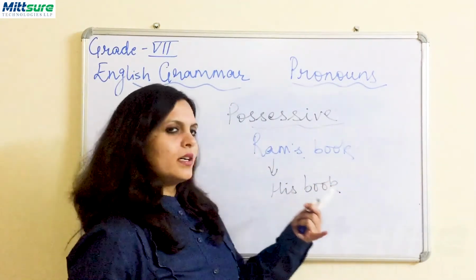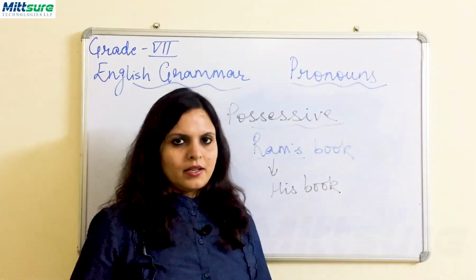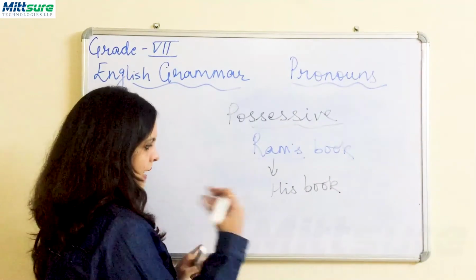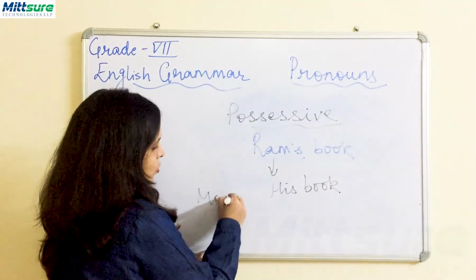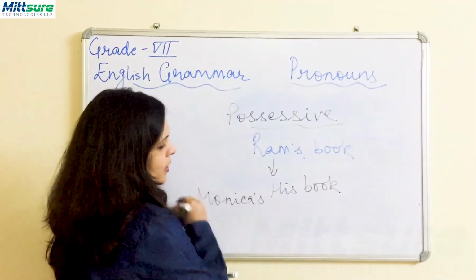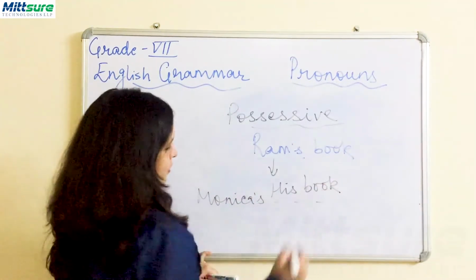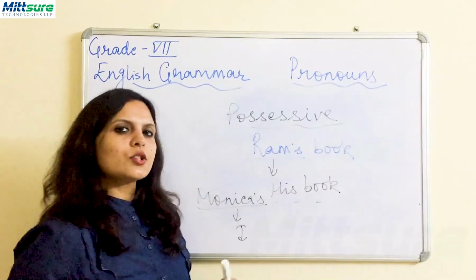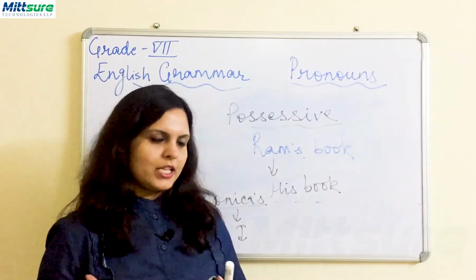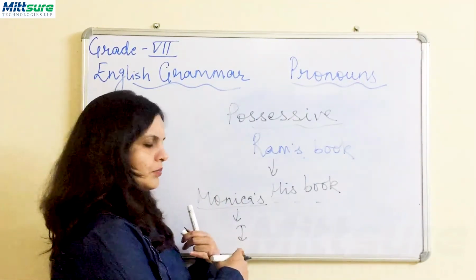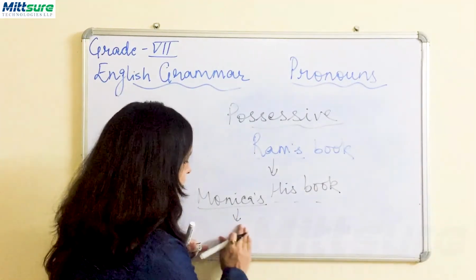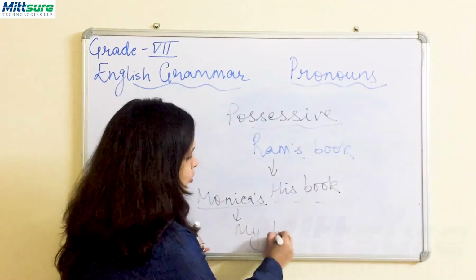So here his is a possessive case, right? Similarly, if I say Monica's ice cream or Monica's notebook, or Monica's book, I convert Monica's into, because this is my name, right? It is my book.